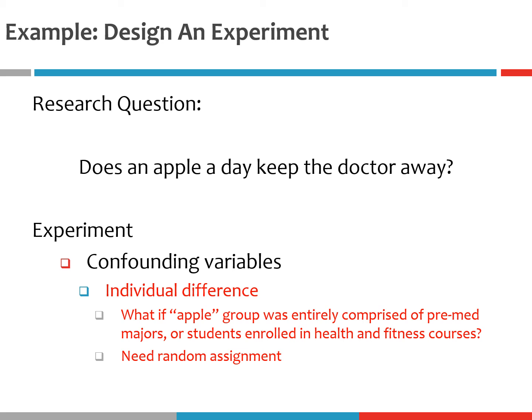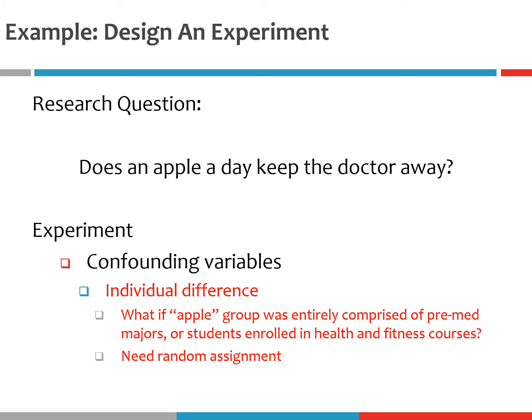And the same would be true if we recruited all of our participants for the apple condition at a yoga class, right? Or some kind of fitness class, and the same rule would apply, right? We would expect that a population comprised entirely of individuals taking a fitness class would probably be healthier in general than a sample comprised of people from the community or from a different population.